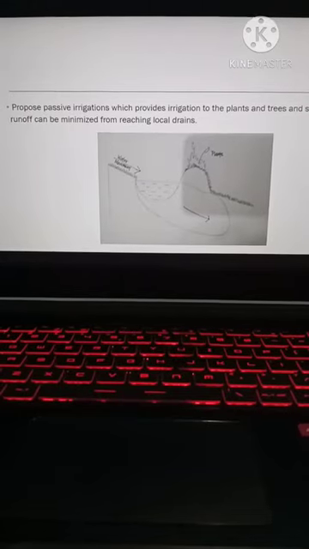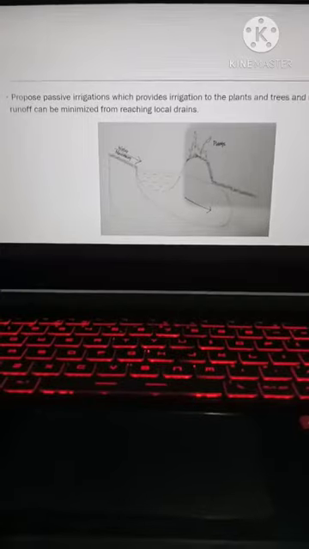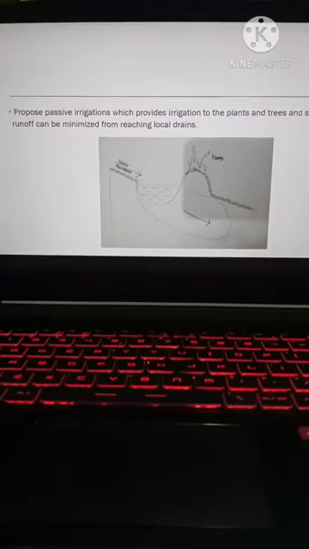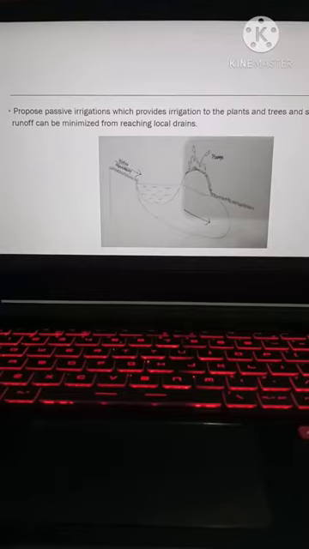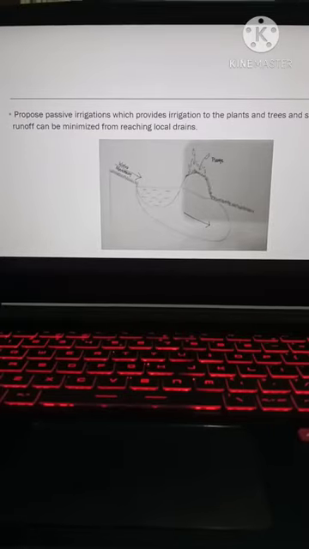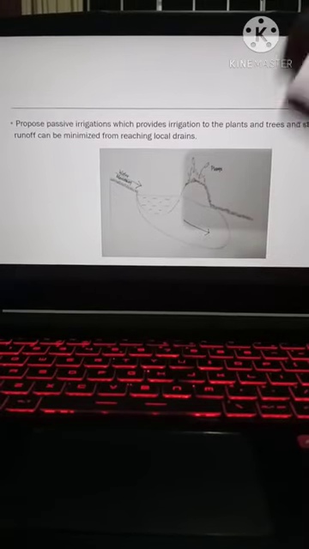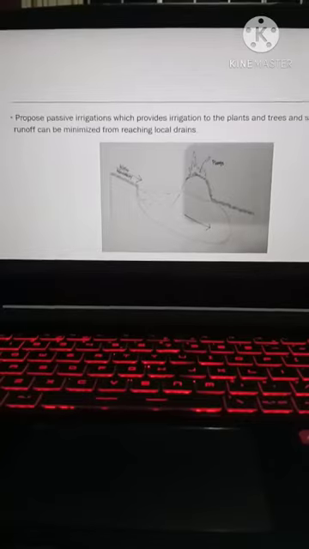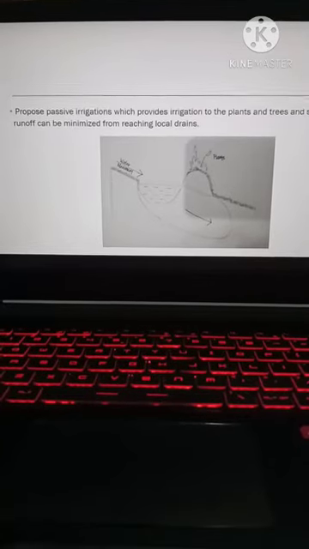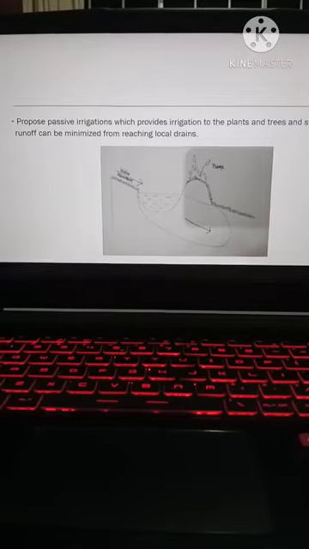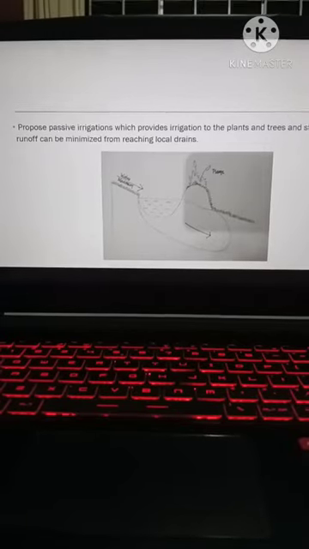What you can see in this diagram is when it rains and the stormwater moves downwards towards the passive irrigation side, the plant absorbs the stormwater, it filtrates, and only the pure and cleaner water reaches the local drains.